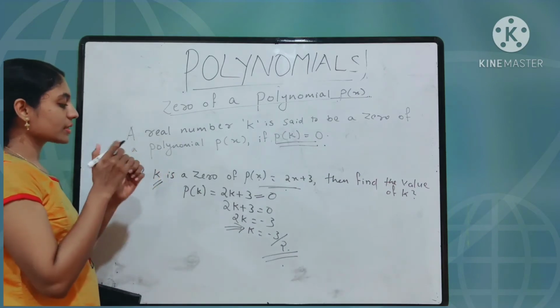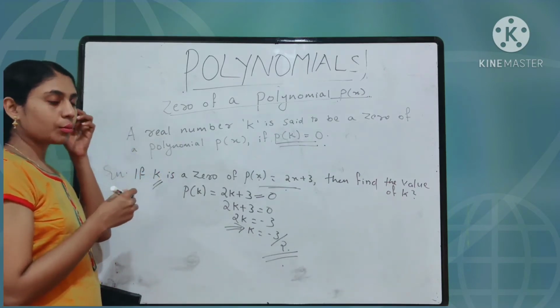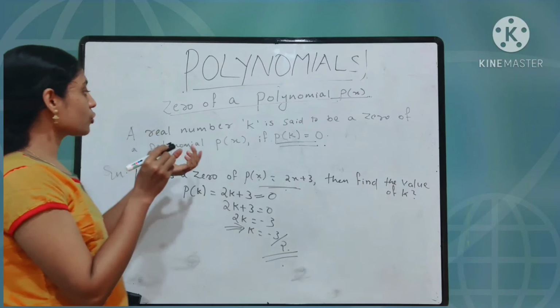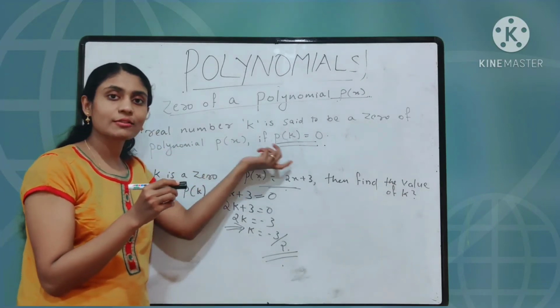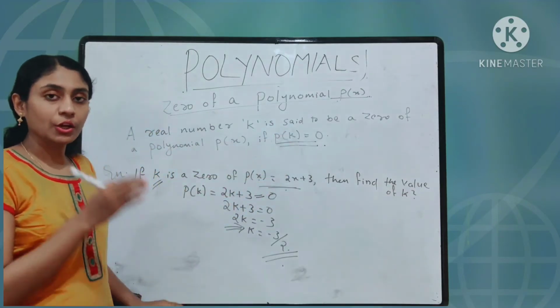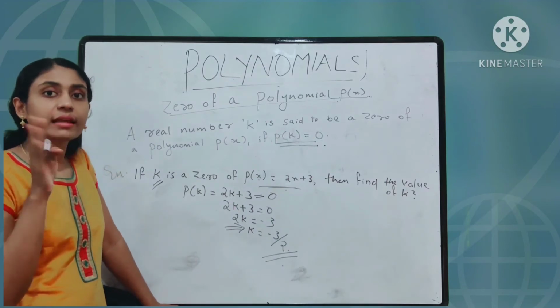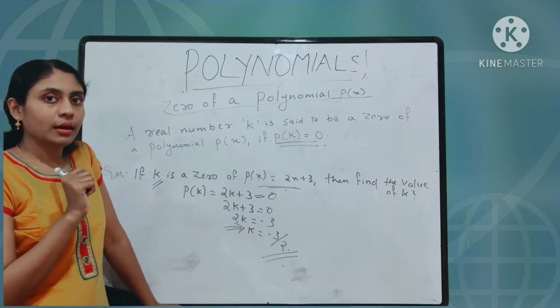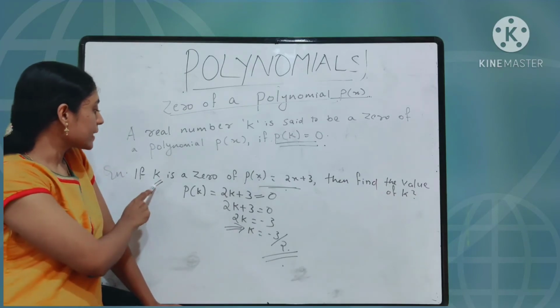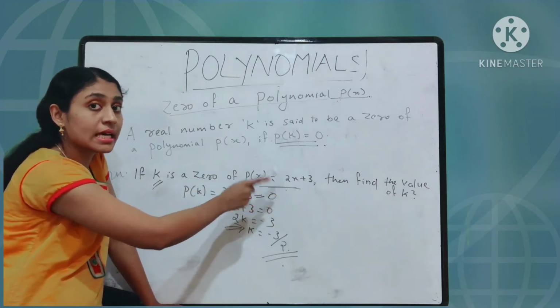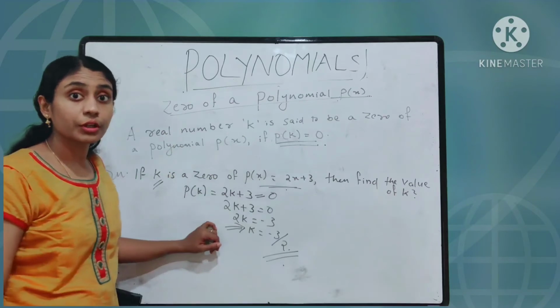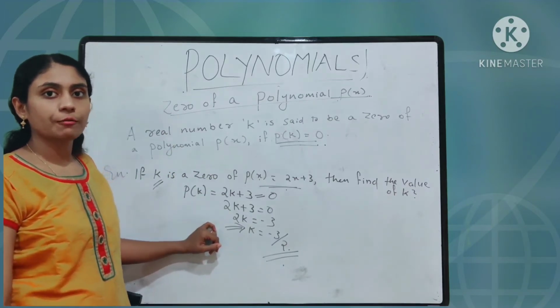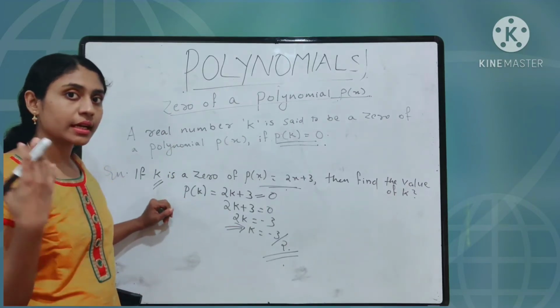So understood what is 0 of a polynomial? A real number k is said to be a 0 of a polynomial p of x if p of k is equal to 0. If p of k is equal to 0 for any real number k, then it is said to be a 0 of a polynomial p of x. Now this is an example of a 0 of a linear polynomial. We know how to find the 0 of a linear polynomial because we studied in class 9.